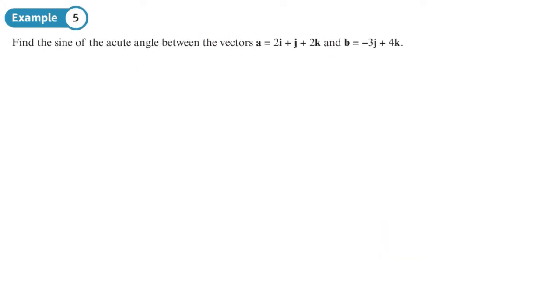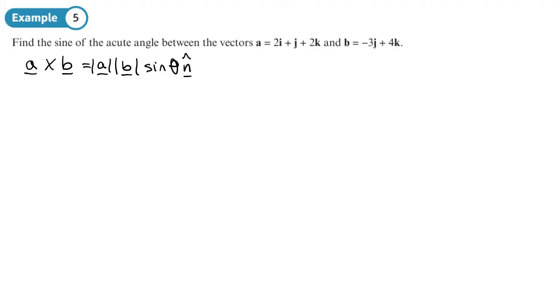Okay, find the sine of the acute angle between these two vectors. So the first thing we're going to do is write down the definition of the cross product. We're going to rearrange it. So A cross B equals the length of A times the length of B times the sine of the angle between them times this normal vector.